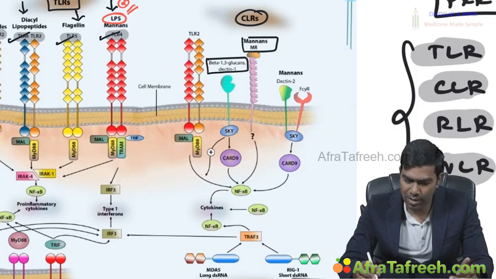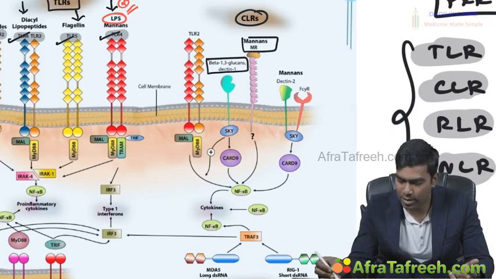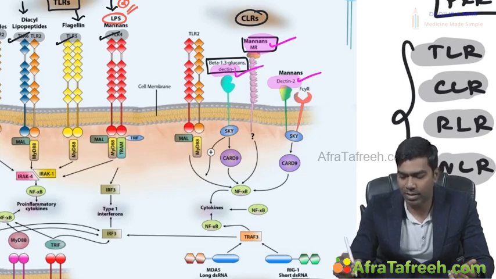And one of the important receptor types, like TLR 1, 2, 3, 4, you can see there are two important receptors. One is the Mannan receptor, and second is the dectin-1 and dectin-2 receptor, which means you can simply write Mannan receptors and dectin receptors.